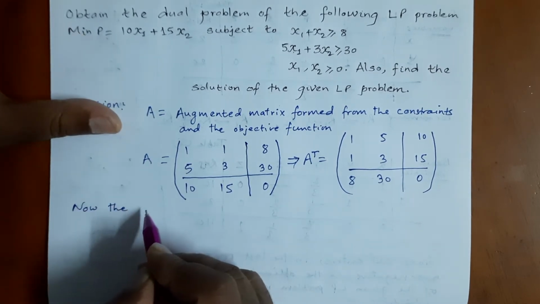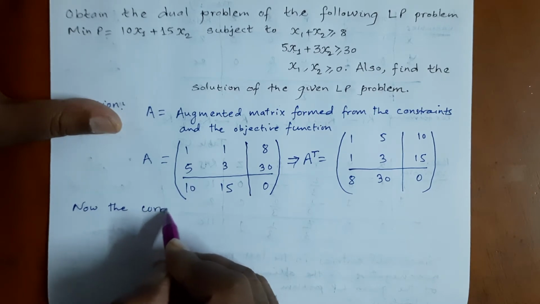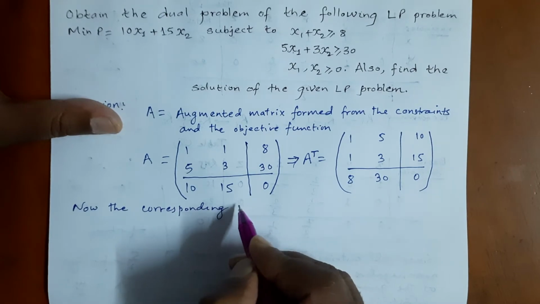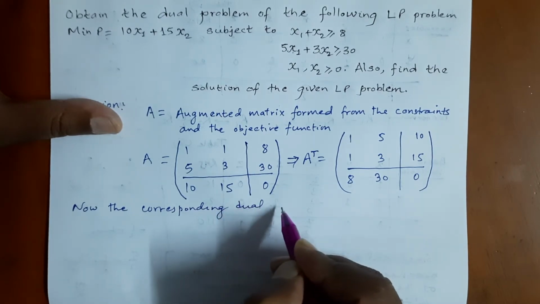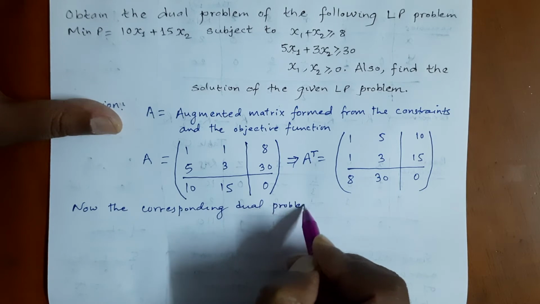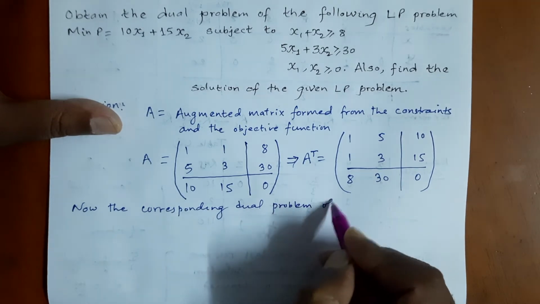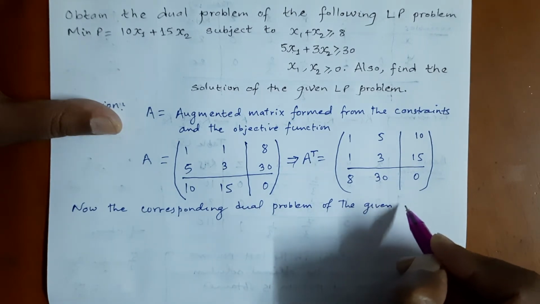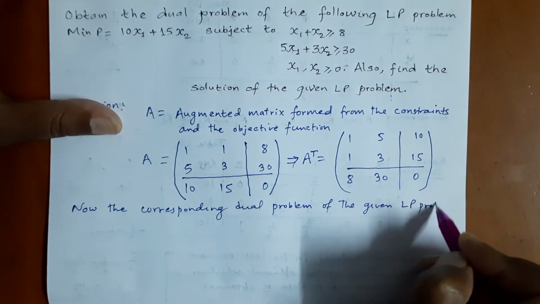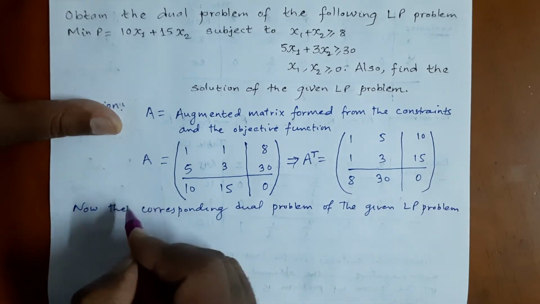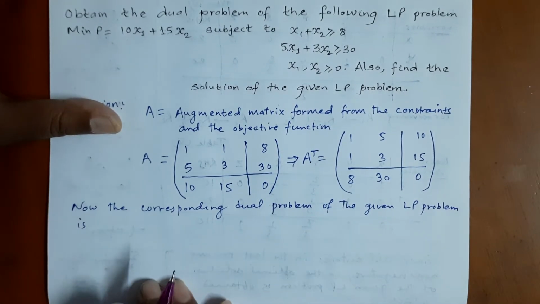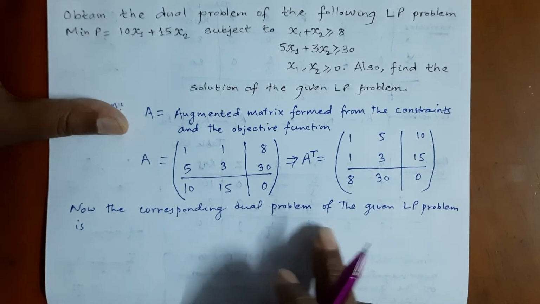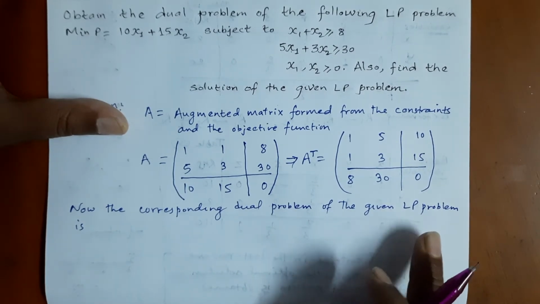Now the corresponding dual problem of the given linear programming problem is, okay, after transposing we can get the corresponding dual problem of the given linear programming problem.